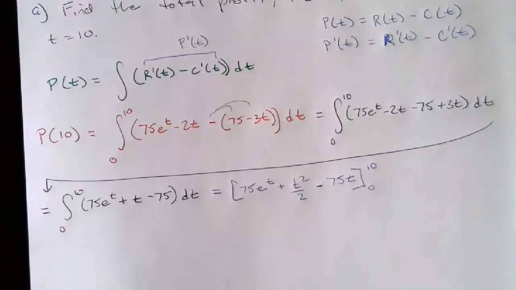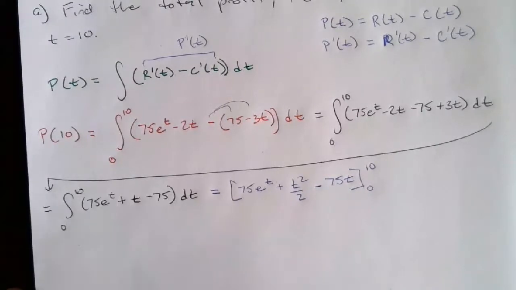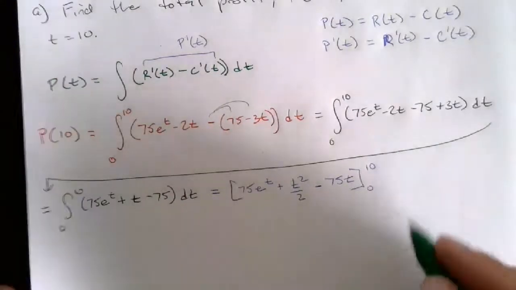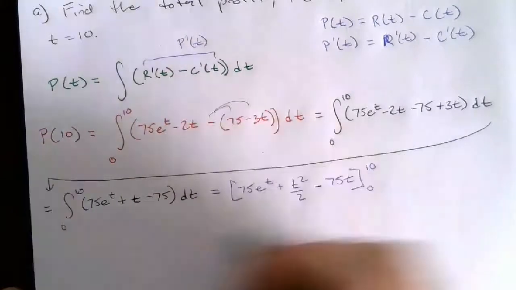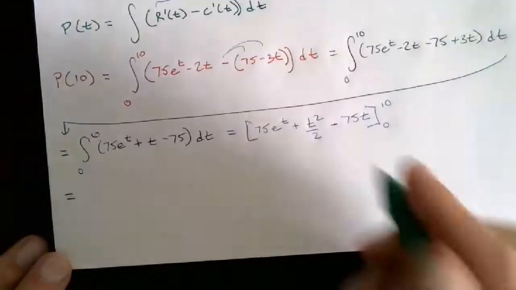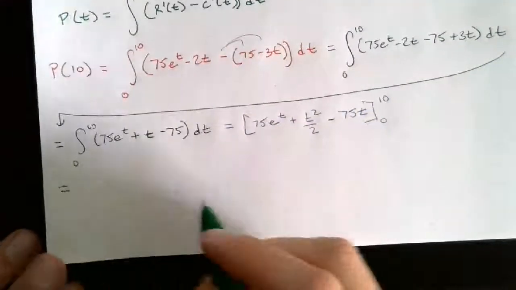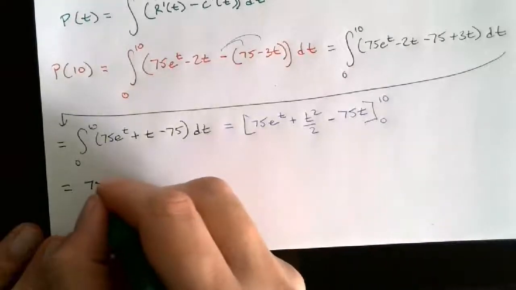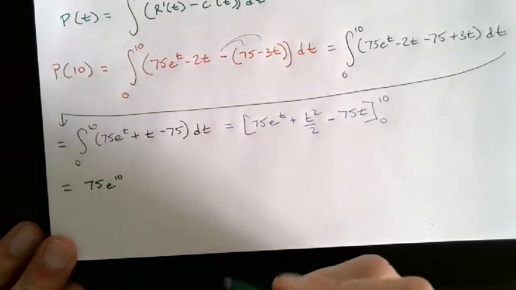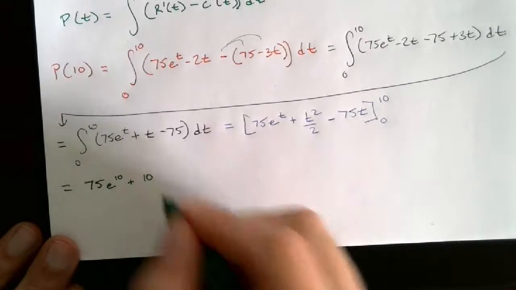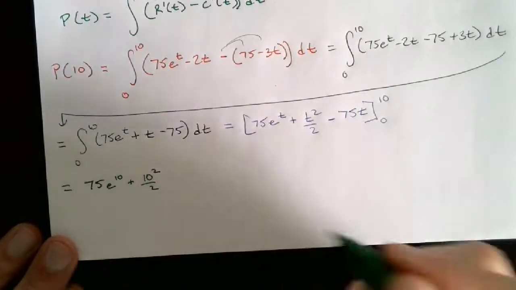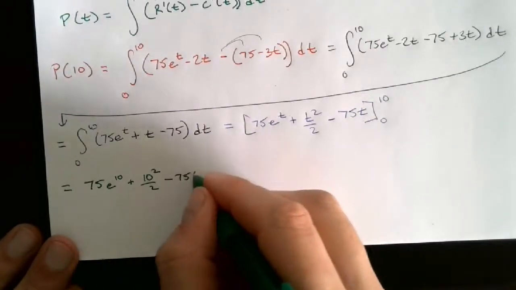And then what do we do? Well, I substitute in. Remember, you're subbing in 10 first, minus substituting in 0. I'll write it down here. All right, so we're continuing on down to the next line. We have 75 times e to the 10th power plus 10 squared over 2 minus 75 times 10.